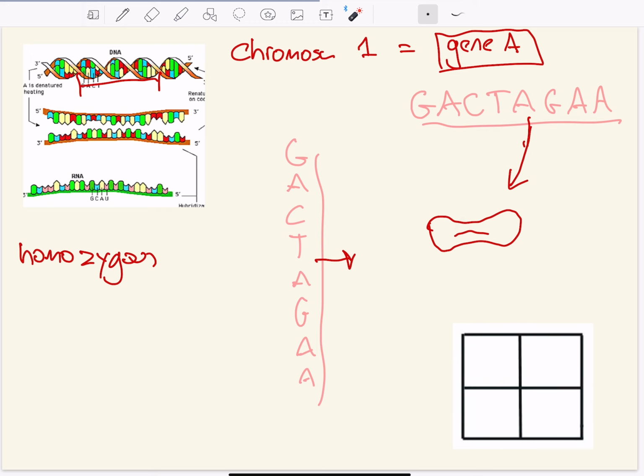But let's just say there was a slight alteration in the genes for Dad. So instead of A there, we've now got, I'll put another T. So what this has done is it's caused a change in the code for this gene, and it's going to change the way that the protein is made. Now, before I get ahead of myself, because this gene here is different to Mum's, we're now what we call heterozygous.